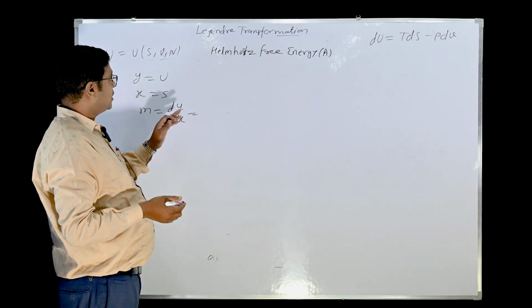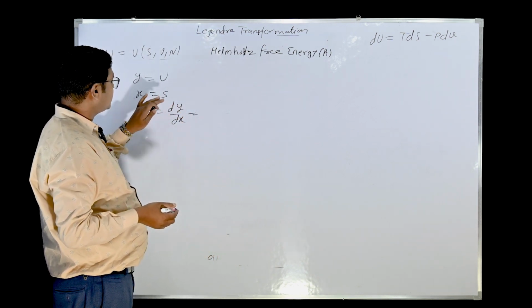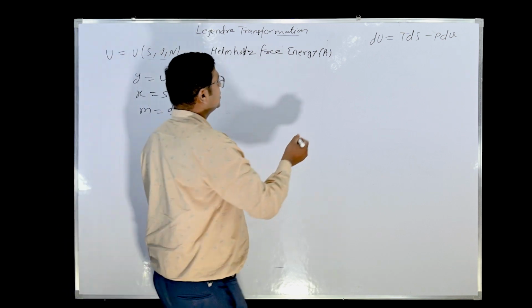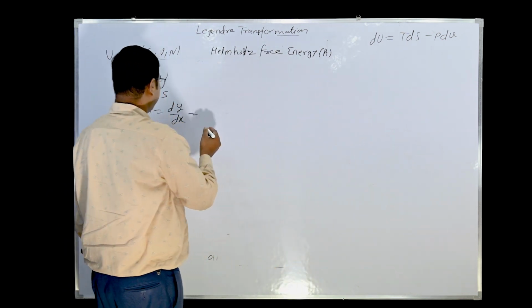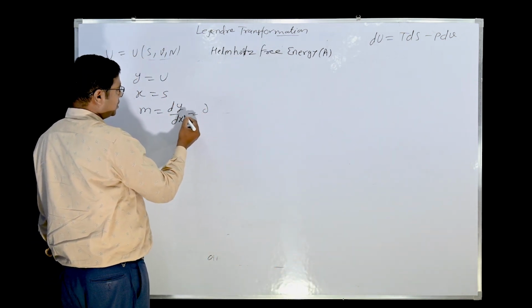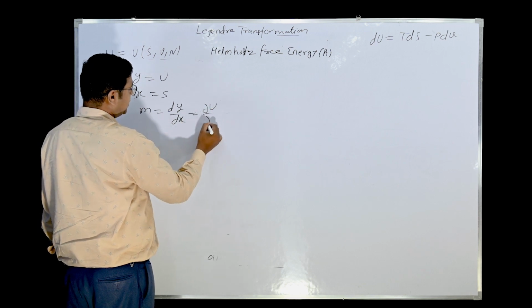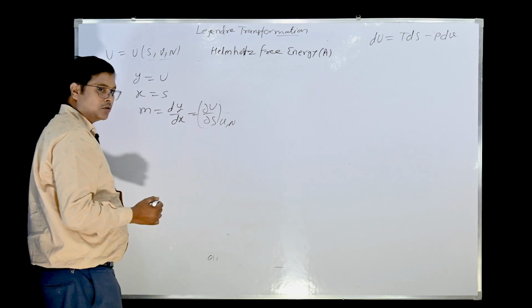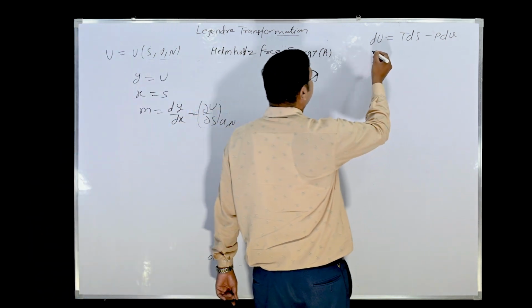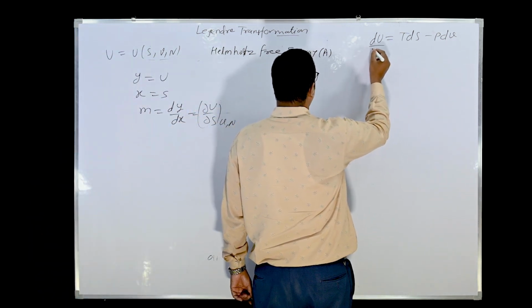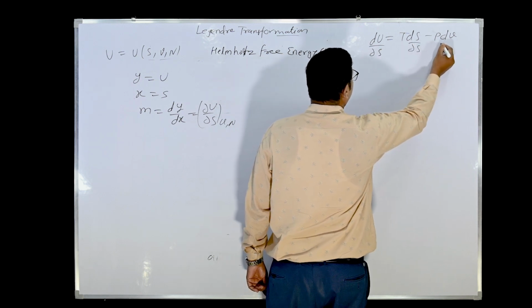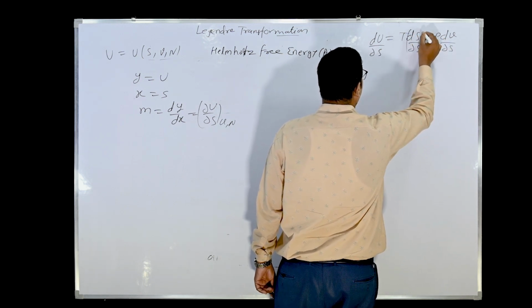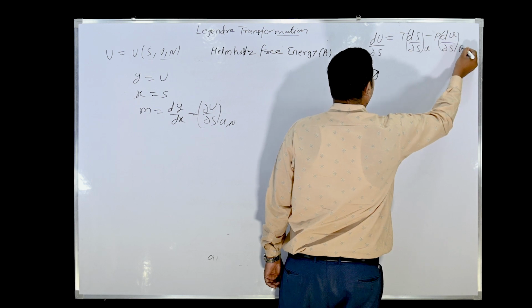Now what we want is to replace the variable entropy. So here dou y by dou x is dou u by dou s, where volume and n are constant. So here I will divide both sides by dou s, keeping volume constant.